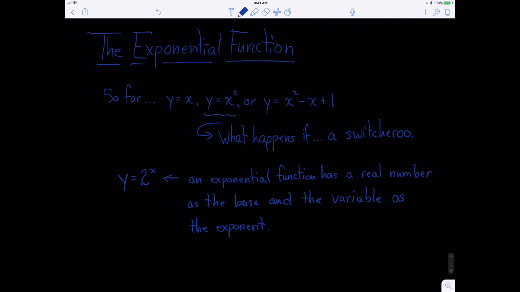So what we've written here, y equals 2 to the x, is one example of an exponential function.